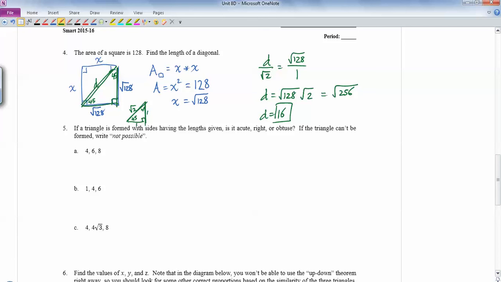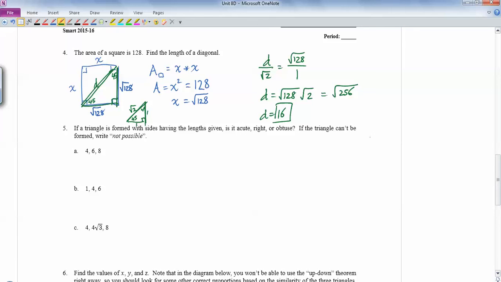Okay, so number 5 says, first it's really asking, can you even form the triangle with those 3 sides? If you can, do you get acute, right, or obtuse? So we need to really check a couple things here.